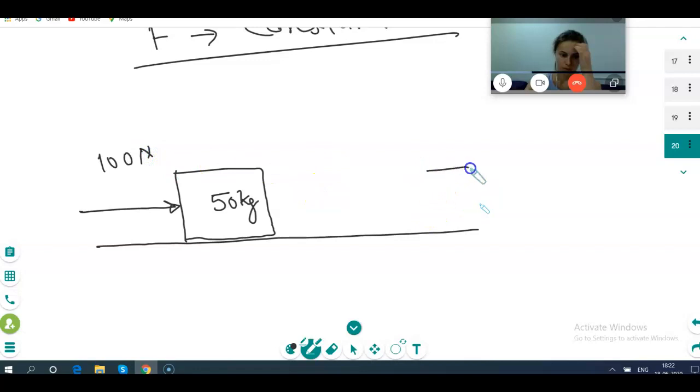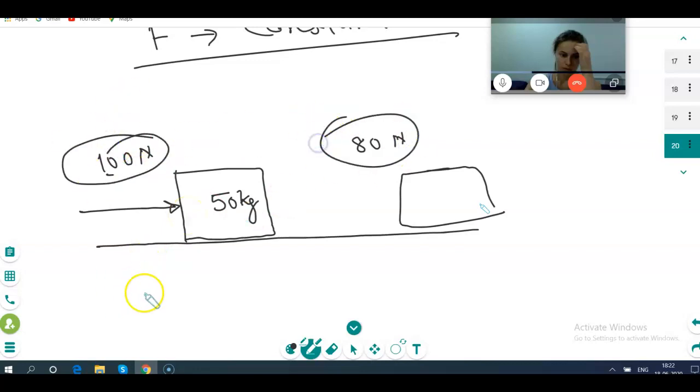After 1 meter will you still push with 100 newtons, or will you slowly get tired and reduce your force to 80 newtons? This is called variable force. Then which force will you take? Suppose the box comes from here to here. Will you take 100 or 80, or the average? Average is very simple, but not in physics.